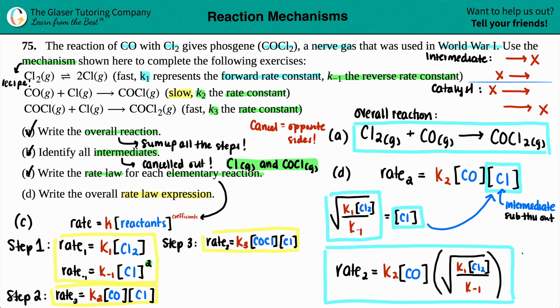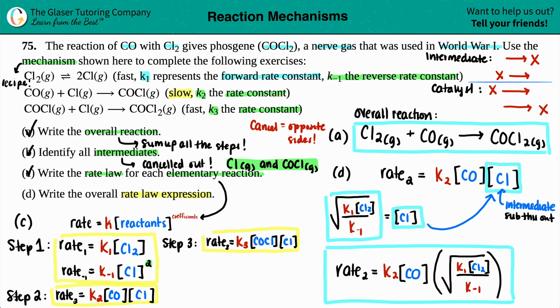It is in theory, because we have no numbers, but this would be the overall rate law expression. So just make sure, we had to do this whole thing because the slow step was the second step, so always check for intermediates. Since the Cl was an intermediate, you had to sub it out.